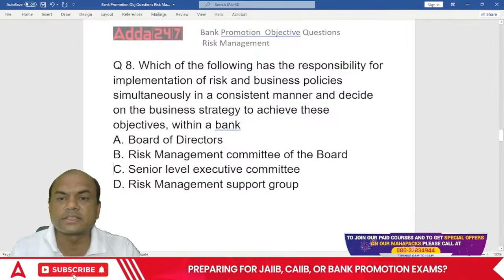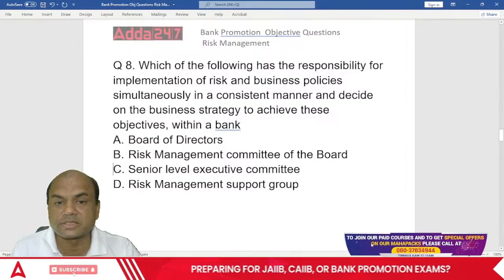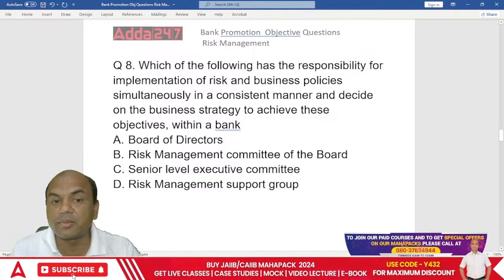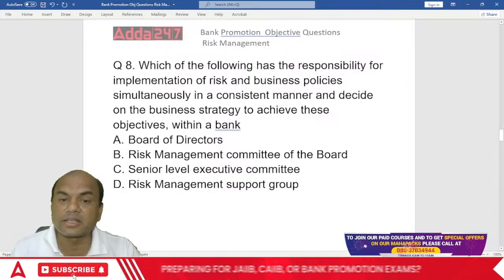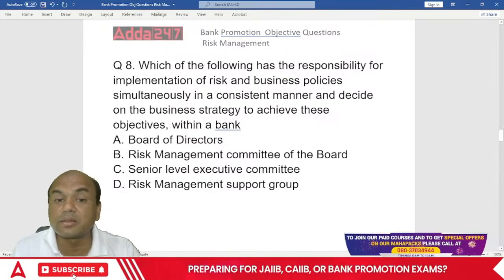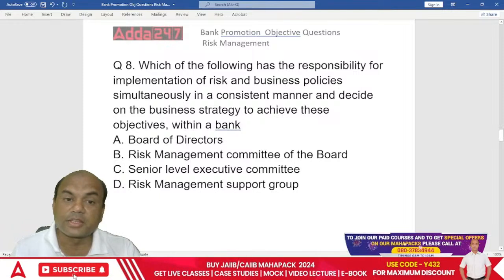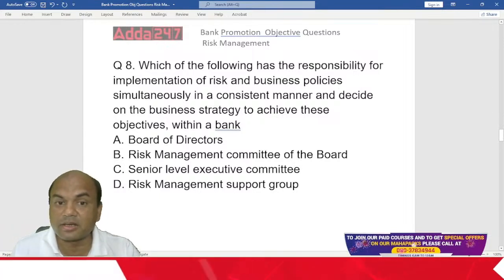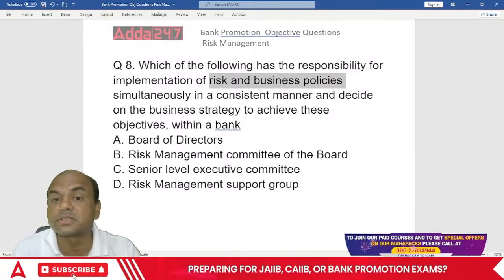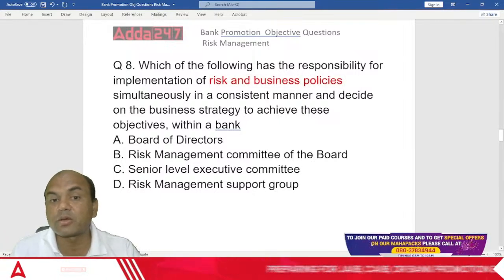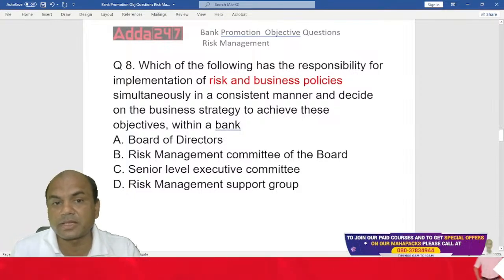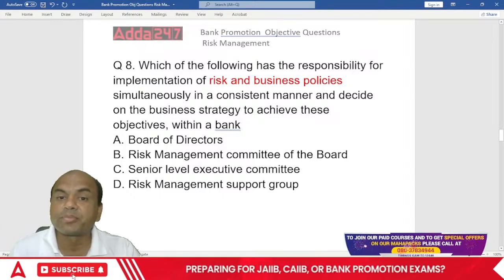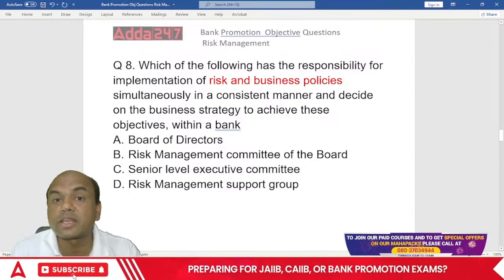Which of the following has the responsibility for implementation of risk and business policies simultaneously in a consistent manner and decide on the business strategy to achieve these objectives within the bank? So, responsibility of implementing the risk and business policies simultaneously. See, risk and business policies are always roughly opposite. Many times they are opposite. Risk management means it will try to avoid the risk, and business policy means it will try to increase the business.